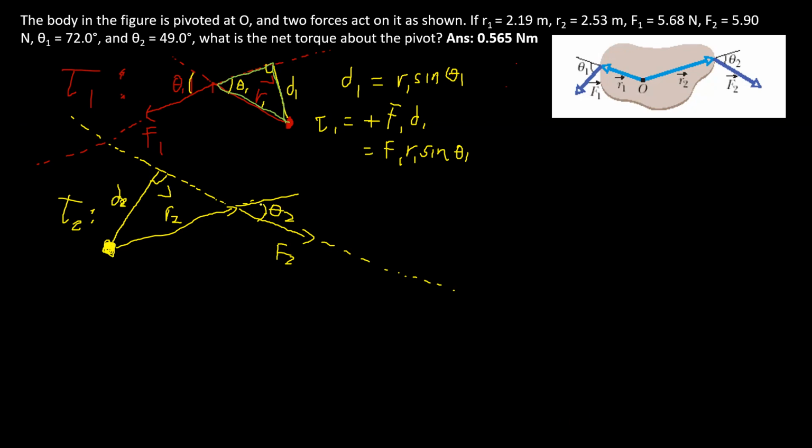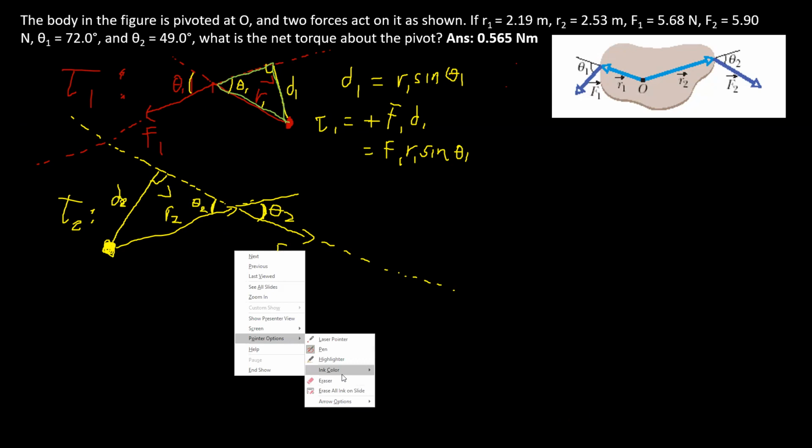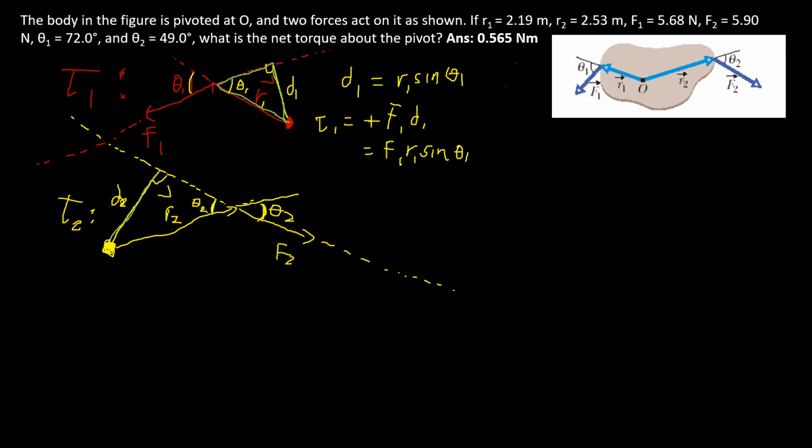And again, using the alternate interior angles theorem, this one is theta 2. As you can see, if we focus on the right triangle that is formed, we will find that sine of theta 2 is opposite over hypotenuse, D2 over R2.